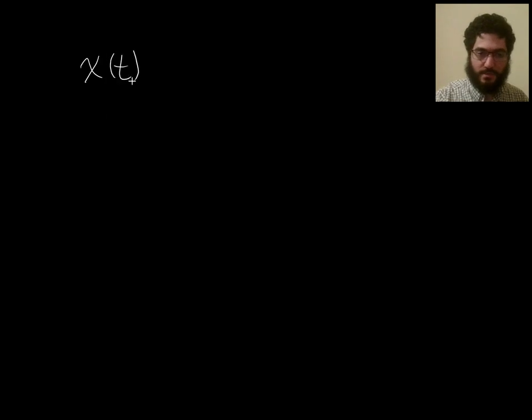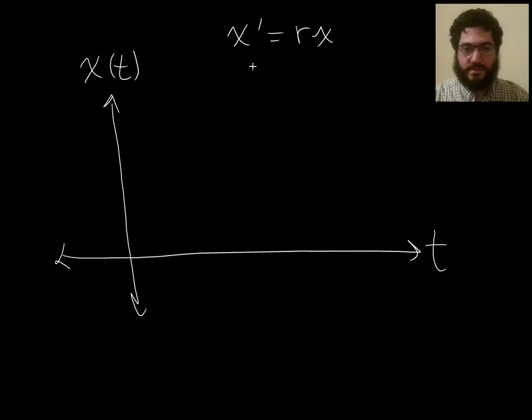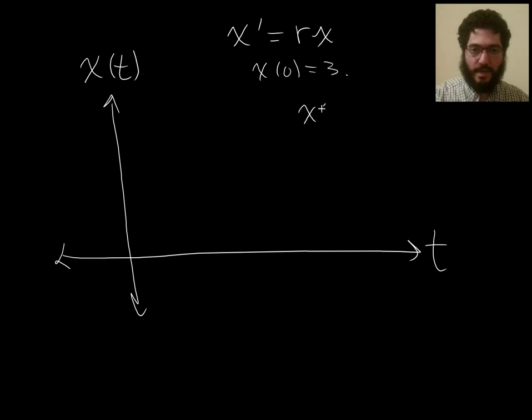So one way you might think about visualizing solutions, for example, say you've got the equation x prime equals rx for population growth or something, and you solve it, and maybe you have an initial condition like x of 0 equals 3, and then you solve it and you get x of t equals 3e to the rt.